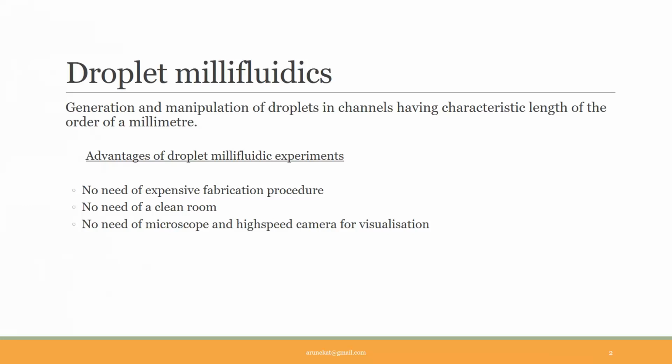It does not require any complicated soft lithographic techniques, and it does not require a clean room facility, unlike that for microfabrication. Generally, these devices are fabricated using a transparent material so that the flow can be easily visualized. Since the size of the drop is of the order of a millimeter, we don't require a microscope to observe the drop. We just need a camera.